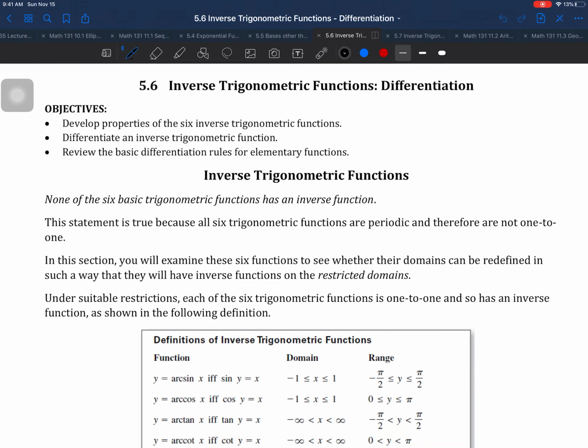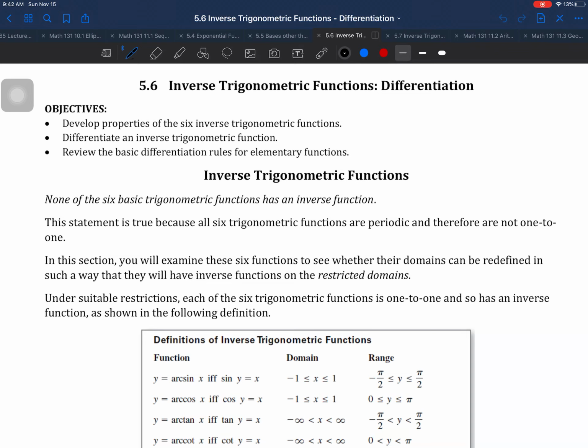Even though we know how to find the inverse of a trig function, the problem is that we didn't know a rule that we can use to come up with the derivative of an inverse function. Now, with the result that we used in the previous section, we're going to be able to come up with a rule, and so that's how it fits all together here.